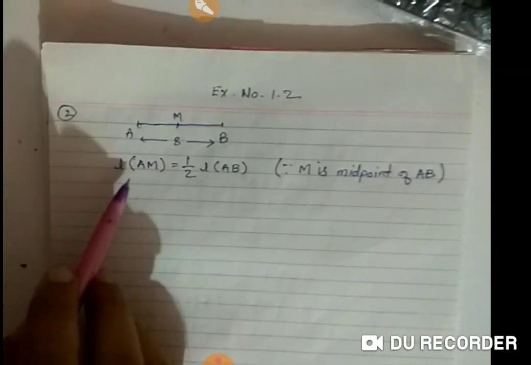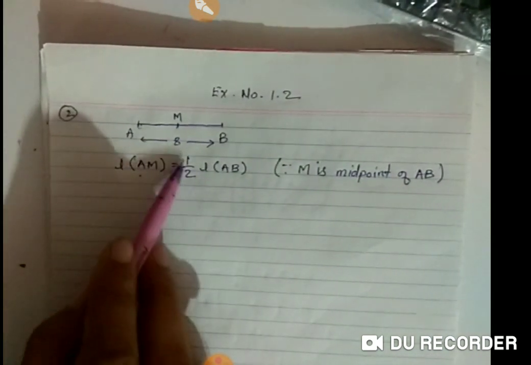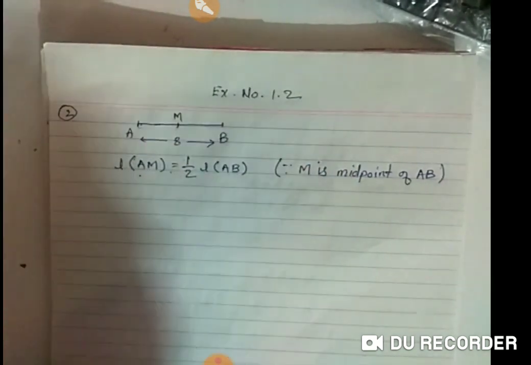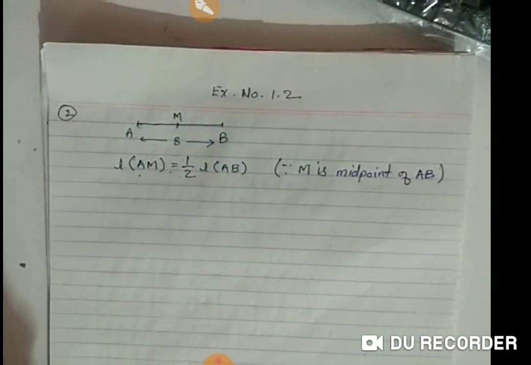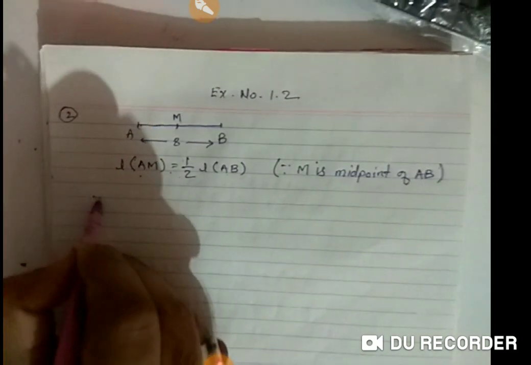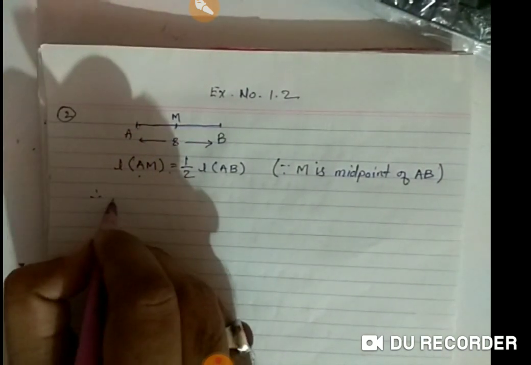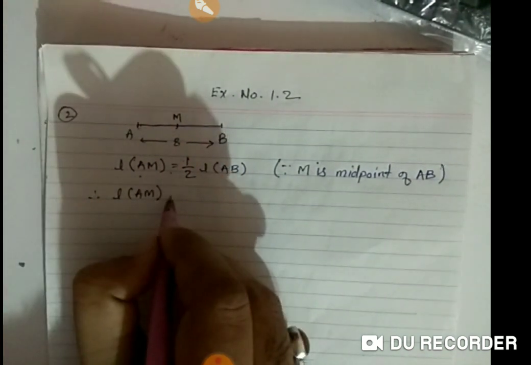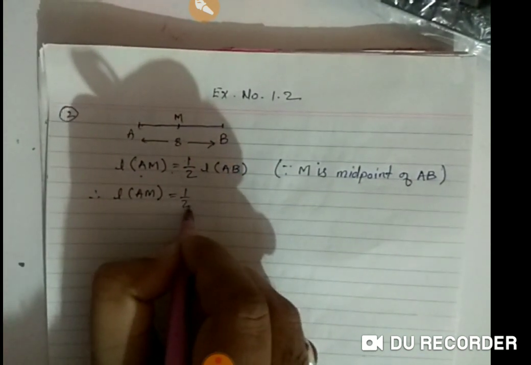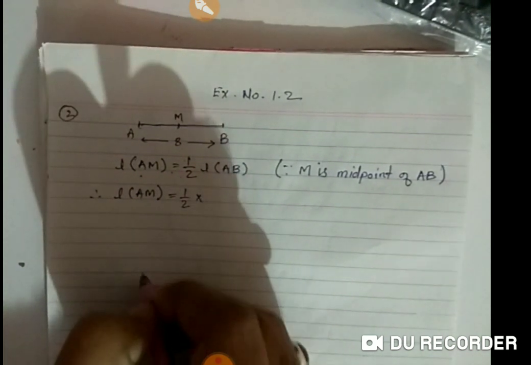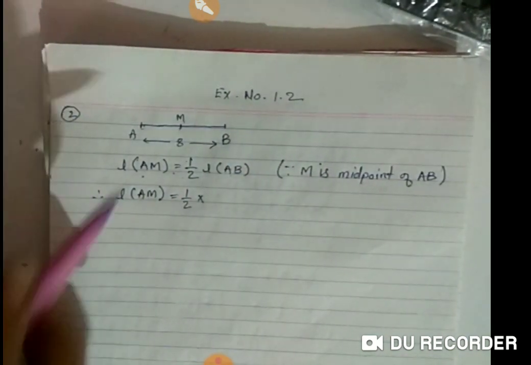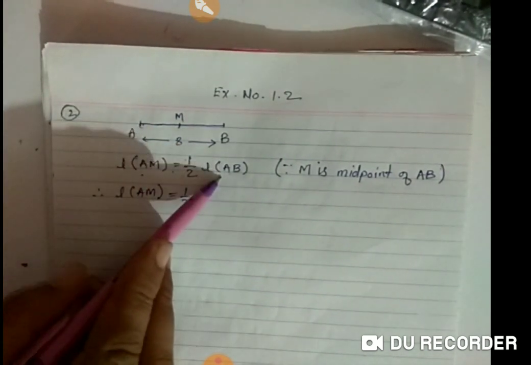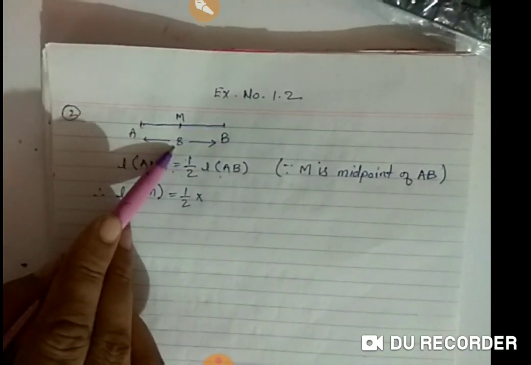So here we are saying length of AM is half of length of AB because M is midpoint of AB. Therefore, length of AM is half of AB, and length of AB is already given, which is 8 unit. So instead of length of AB, you can write 8 unit.